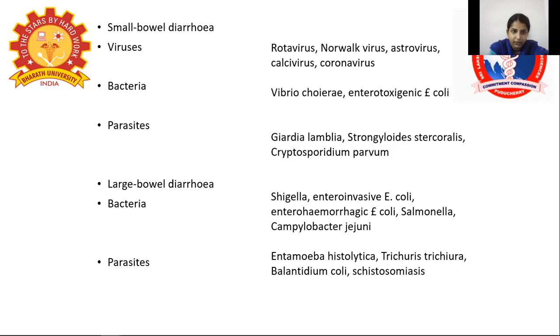The most common virus we need to remember is rotavirus. Large bowel diarrhea is mostly due to bacteria or parasites like Shigella, EIEC, EHEC, Salmonella, Campylobacter jejuni, or parasites like Entamoeba histolytica, Trichuris trichiura, Balantidium coli, or cysticercosis.